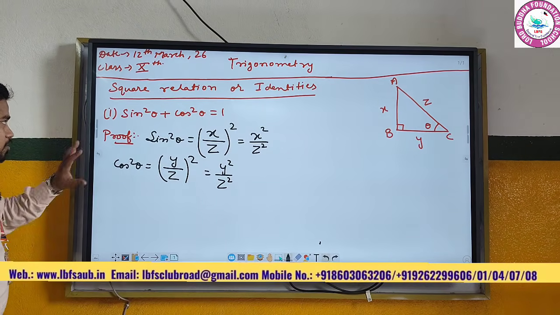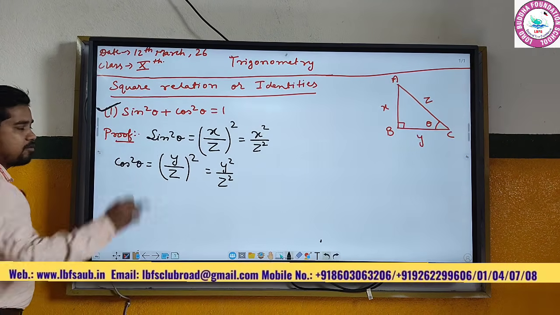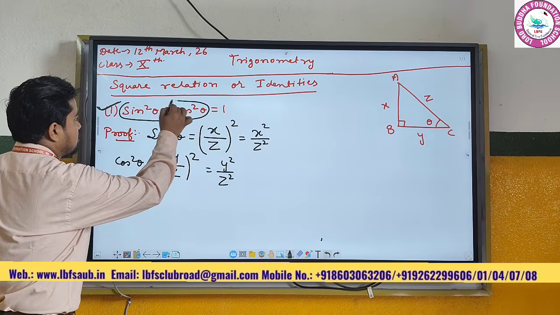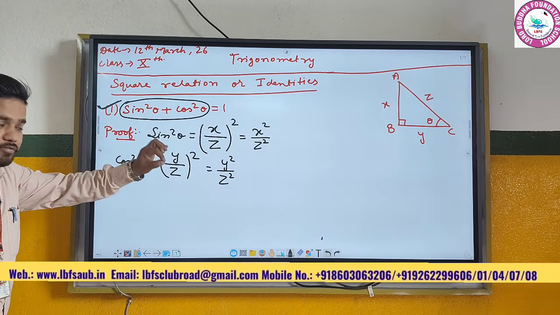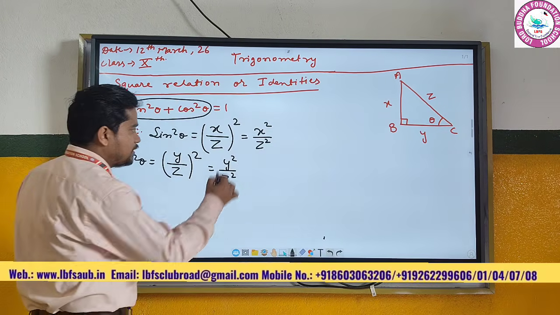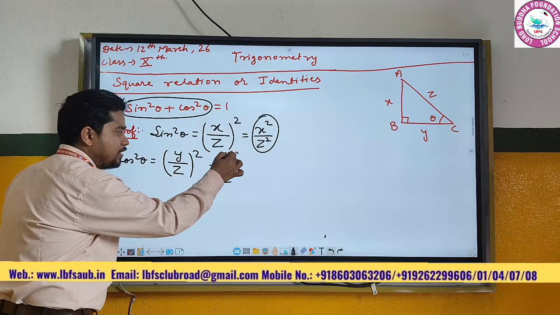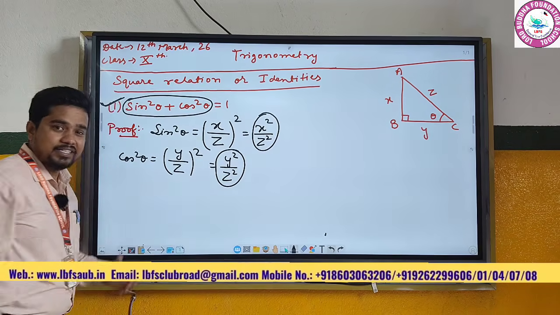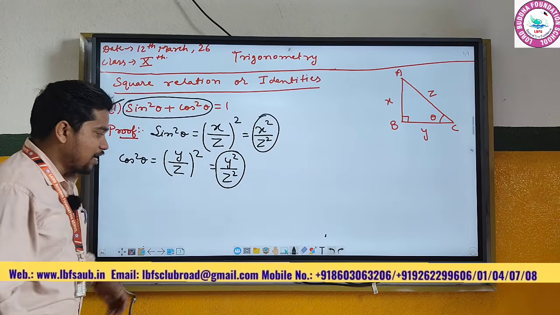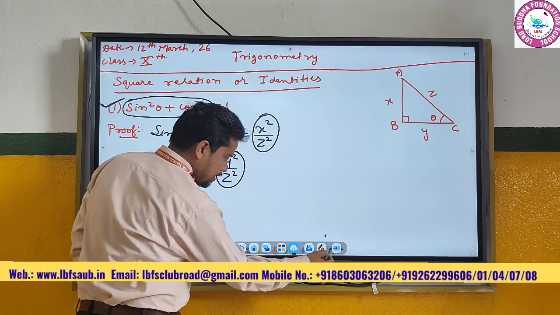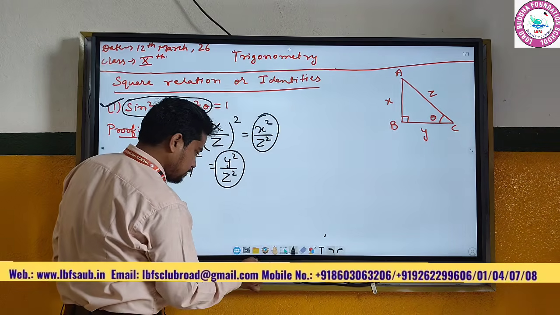Now see in this identity what we have to solve. We have to add sin square theta and cos square theta. The value of sin square theta is x square upon z square and the value of cos square theta is y square upon z square, so we can add it.